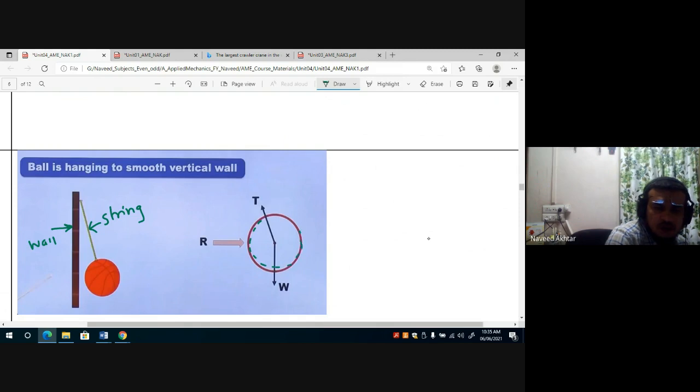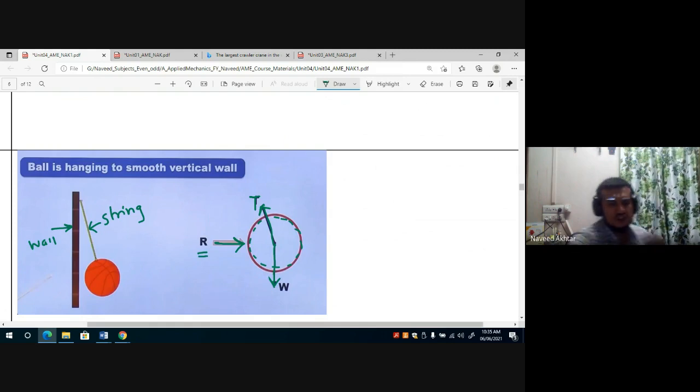Due to self-weight, the gravitational weight W acts, then tension T comes in the string in the opposite direction of W. Since it is inclined, the string is inclined. And then the ball exerts a reaction on the wall, that is R. This is called a free body diagram.